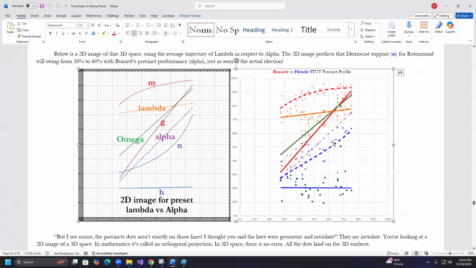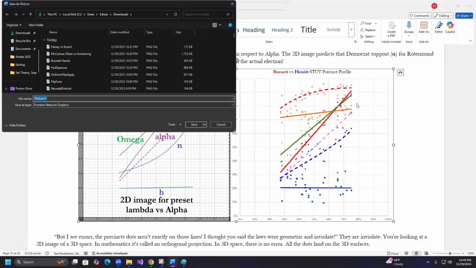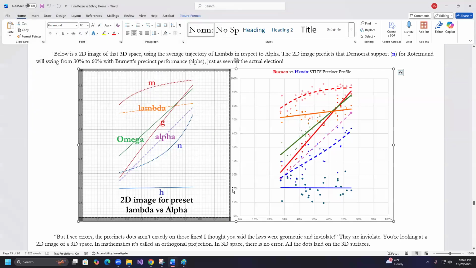This is Burnett versus Hewitt, but it's the same idea. Let me save the Rotterman Democrat swing. Here we're looking at the end state of each precinct, and although these dots look messy, they actually have zero error in three-dimensional space.